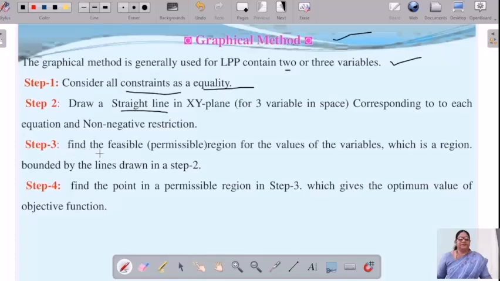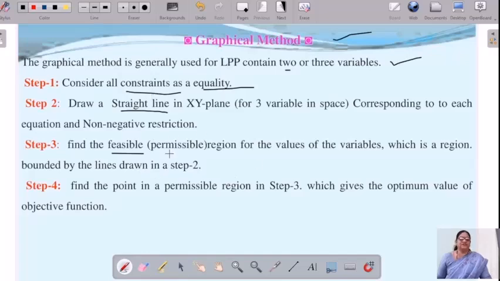Third step is to find the feasible region, also called the permissible region for values of the variables. The feasible region is the region bounded by the lines which we have drawn in step number 2. The fourth step is to find a point in the permissible region of step number 3.